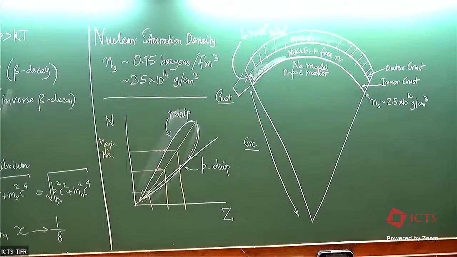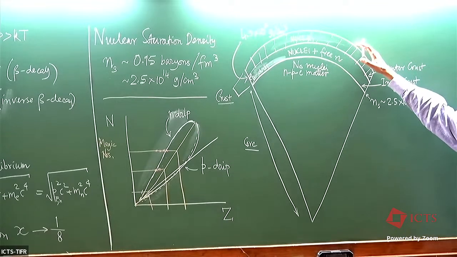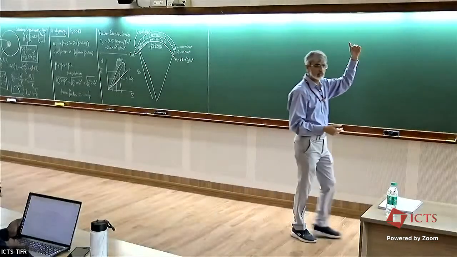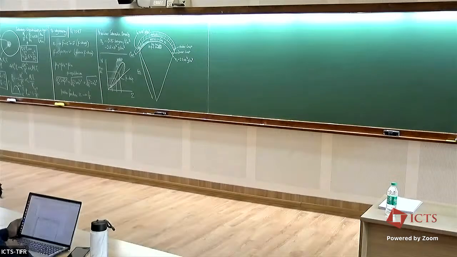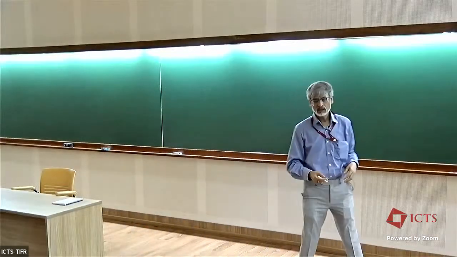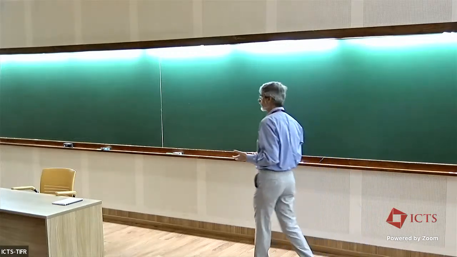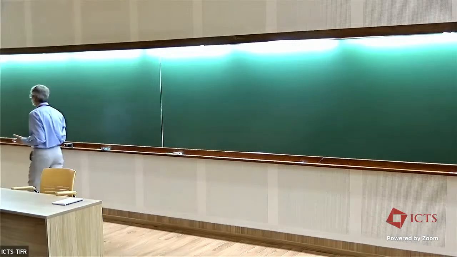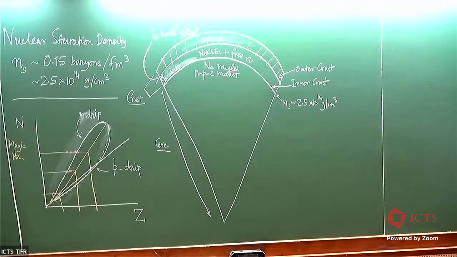So it is clear that the composition of the material changes drastically from the surface going to the interior. An equation of state, after all, depends not only on the basic constituents, but the composition itself.